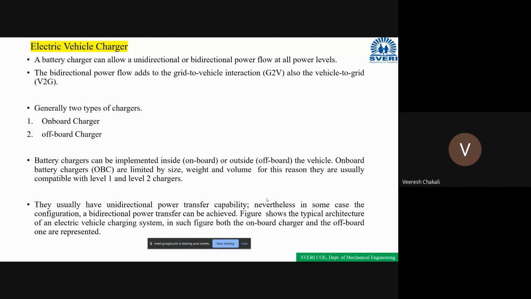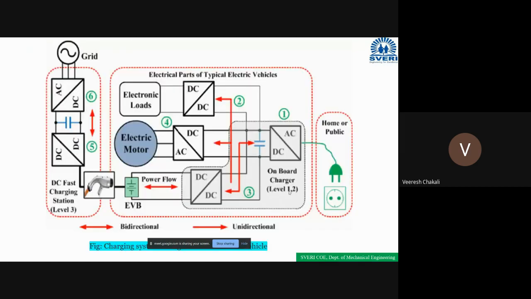In some configurations, bidirectional power transfer can be achieved. Let's see the figure here. Is the figure visible to all of you? Yes, sir. In this diagram, we can see the two types of chargers: onboard chargers and offboard chargers.